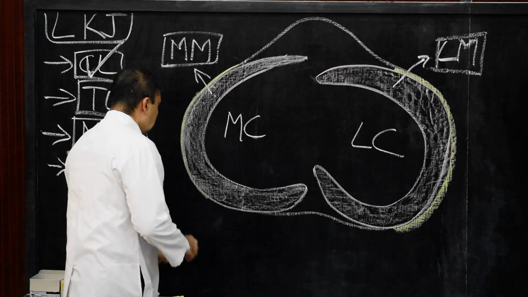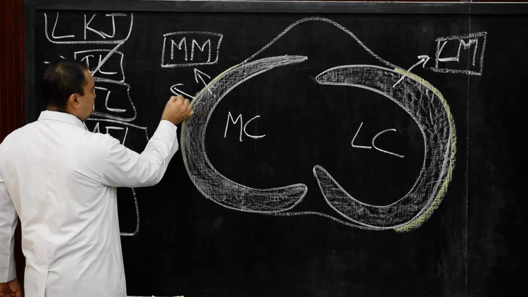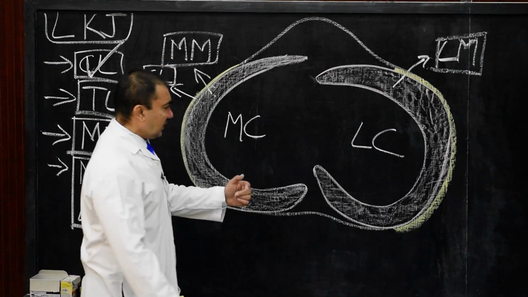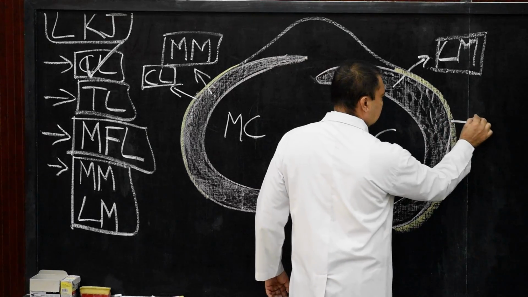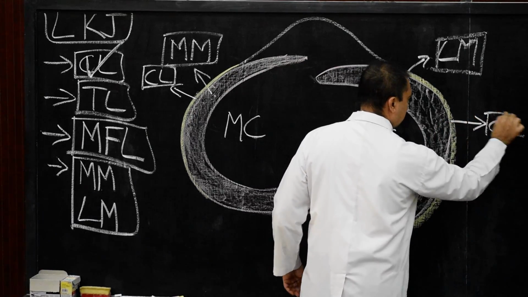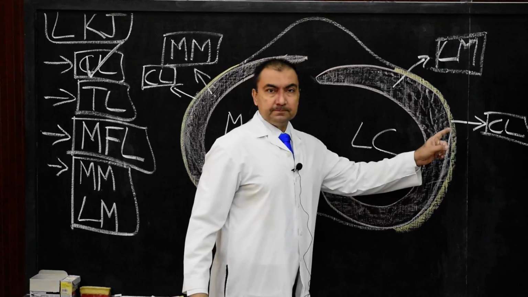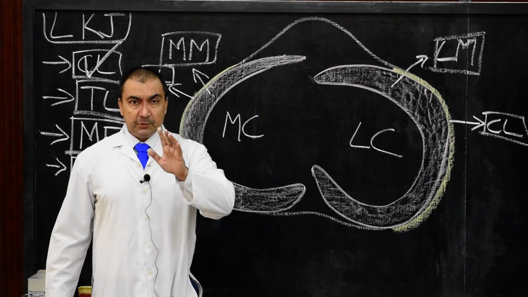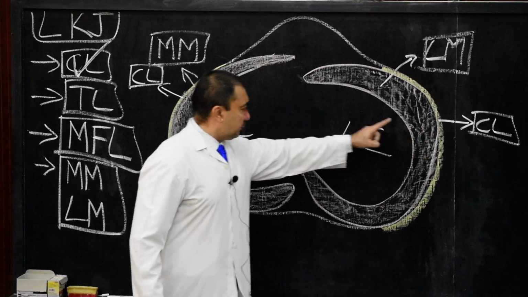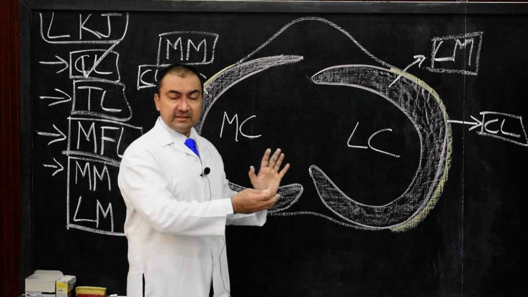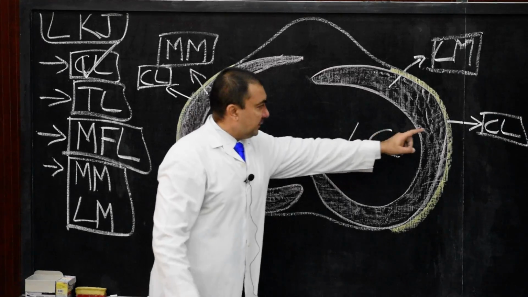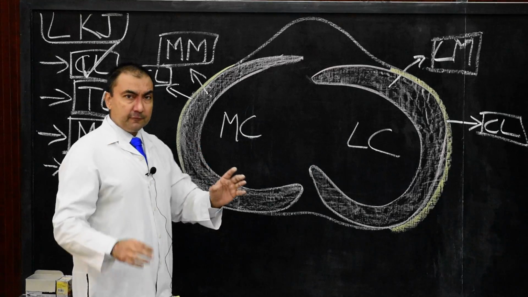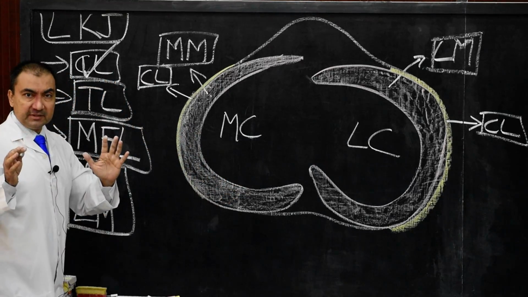So this will be known as coronary ligament. Even here, I can name, this will be known as coronary ligament. So on both the sides, the part of the fibrous capsule that provides attachment to the peripheral portion of the medial and lateral menisci will be known as coronary ligaments. So here we have finished our coronary ligament. This much you need to understand.